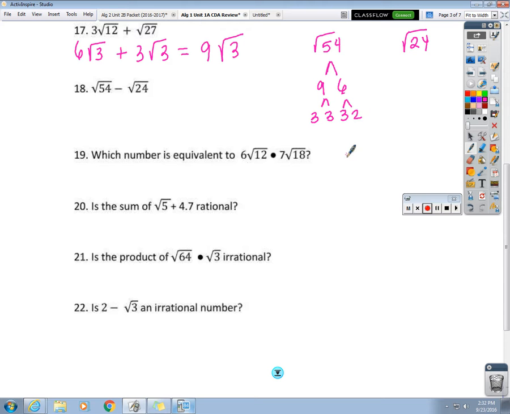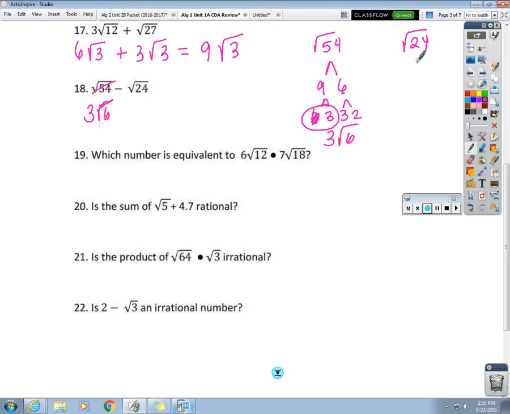Okay, so what do I circle? All of them? And then what goes inside? Which make 6. You multiply them. Okay, so the square root of 54 just became 3 square roots of 6.